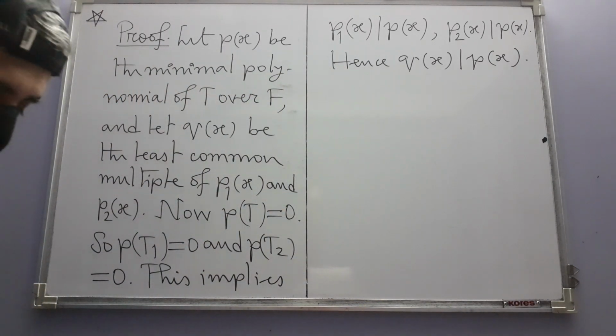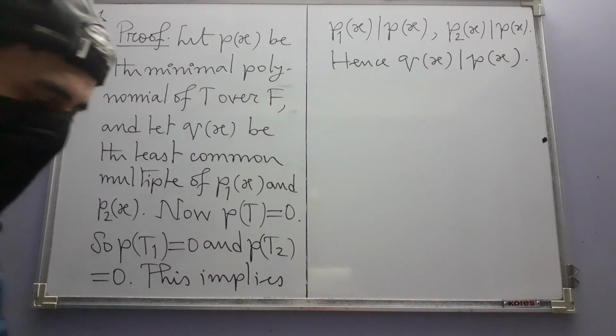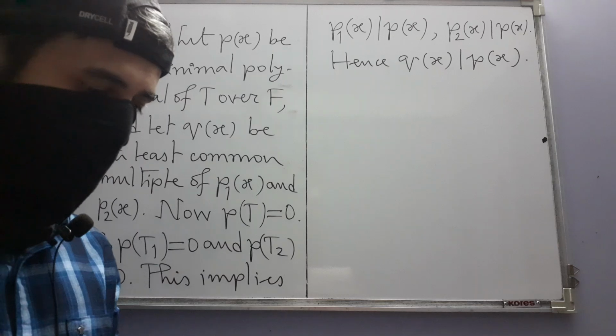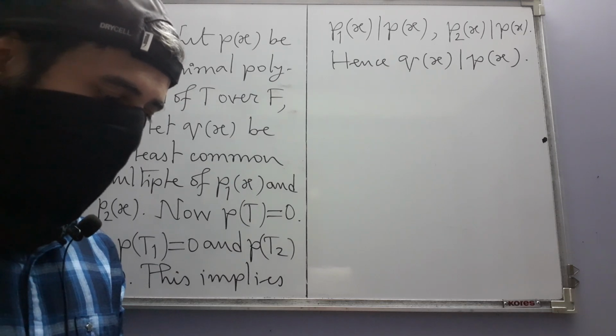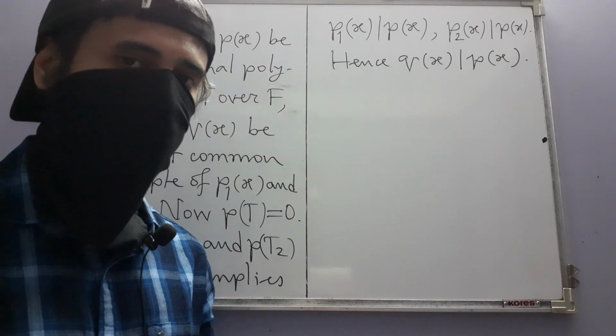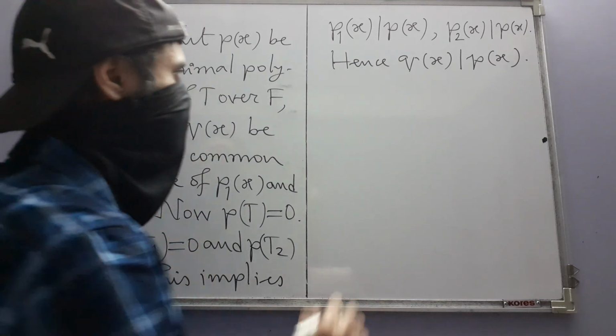For that, let's see what we can do next. So next we are going to consider any element in V, and we are going to use the fact that V is the direct sum of V1 and V2.